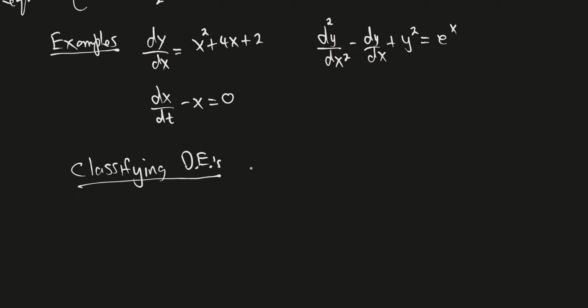Now, the first big classification is based on whether you have an ordinary differential equation or a partial differential equation, right? So I'm going to break it up like this: ordinary versus partial.